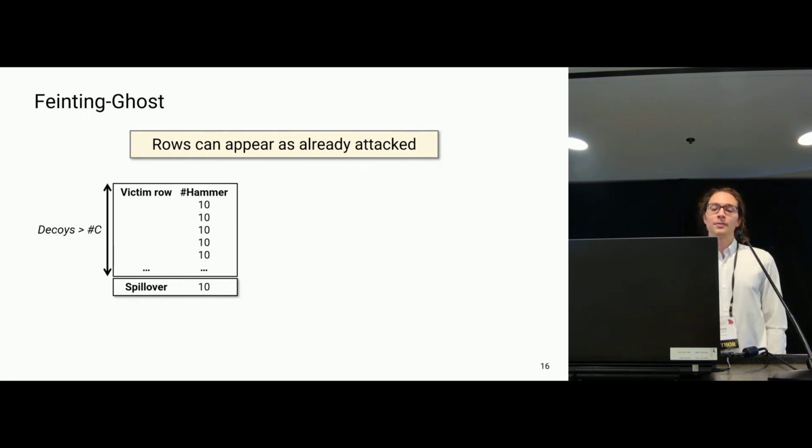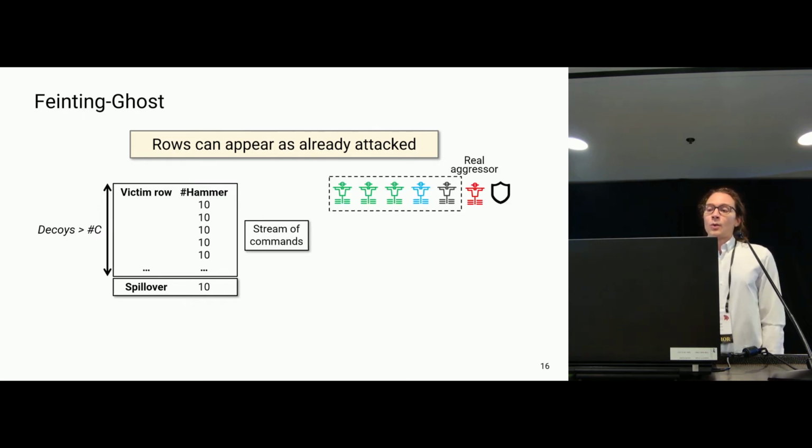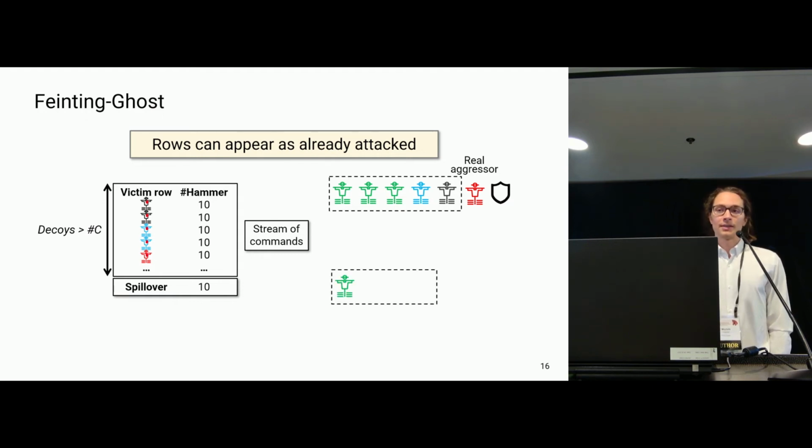So let's consider fainting, which is using a number of decoys larger than the entries in the table. Well, this is the pattern I showed you before, and in this case, in order for the victim to be saved, meaning that it's not picked for refresh, the attacker was activating 3 times the green aggressor. Well, suppose a situation where the storage is completely filled with victims, and we want, as attacker, to obtain the same situation.